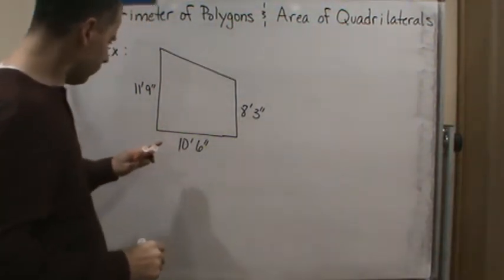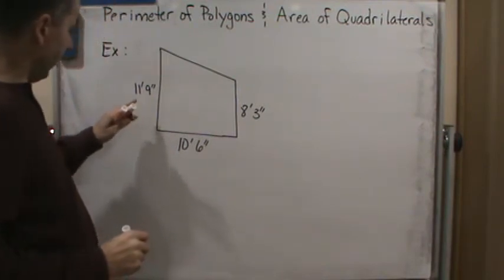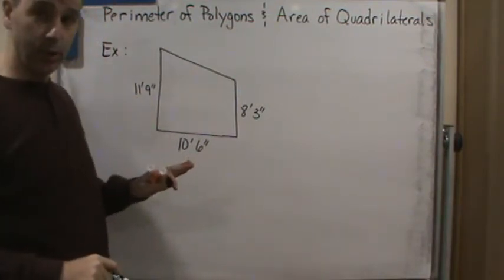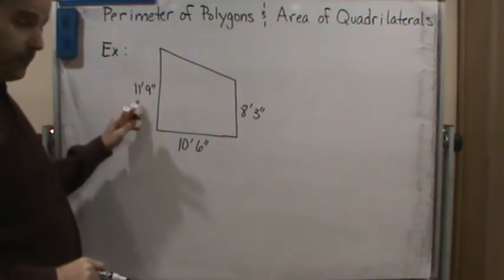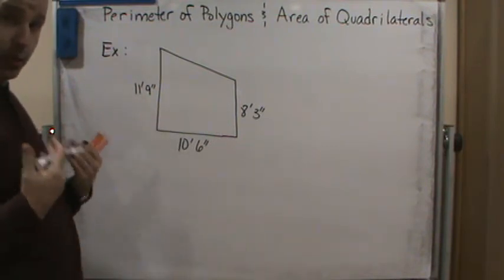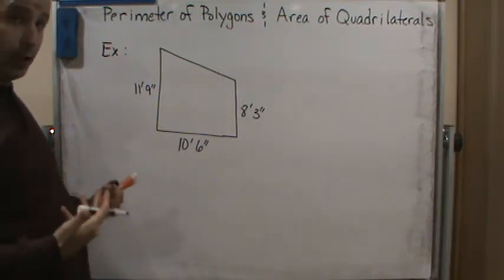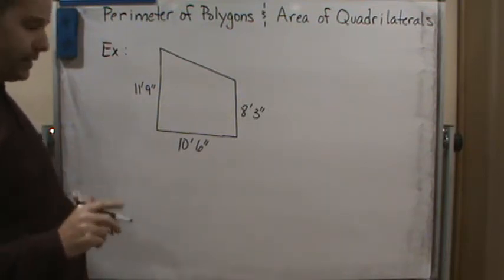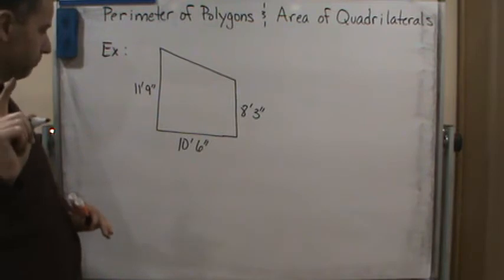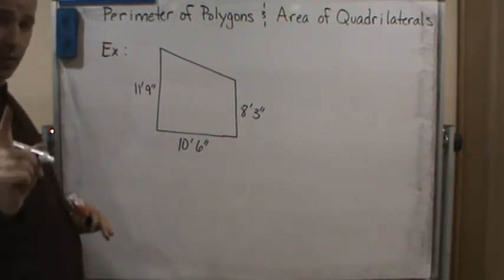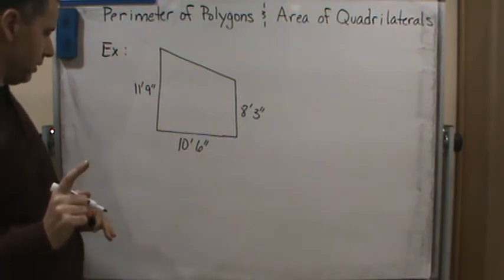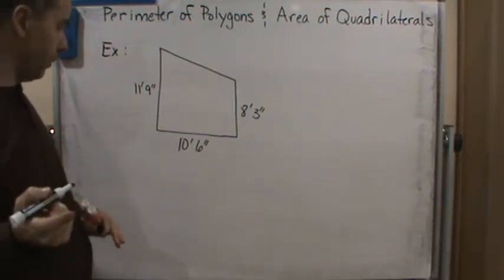Okay, so it's given in mixed units. It's given in feet and inches. So we need to make sure we convert these into one unit. Let's do that first because we're going to be multiplying, right?